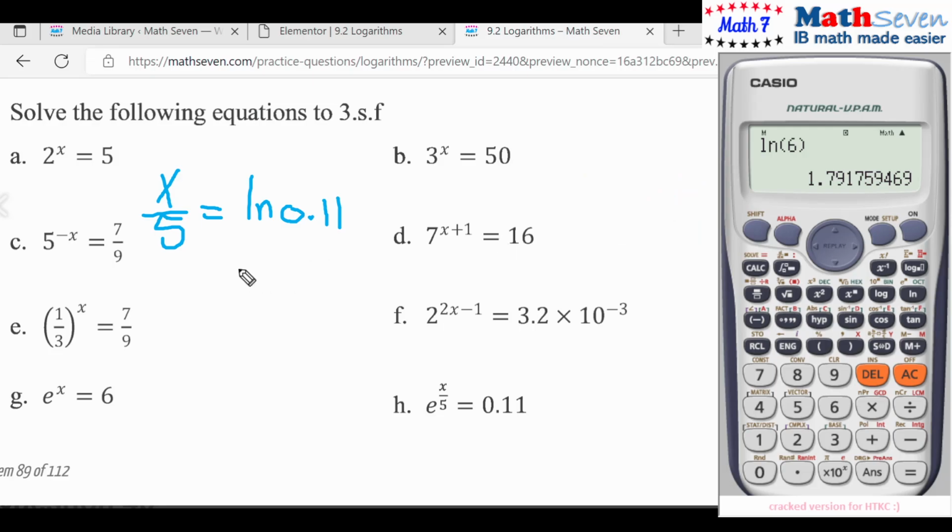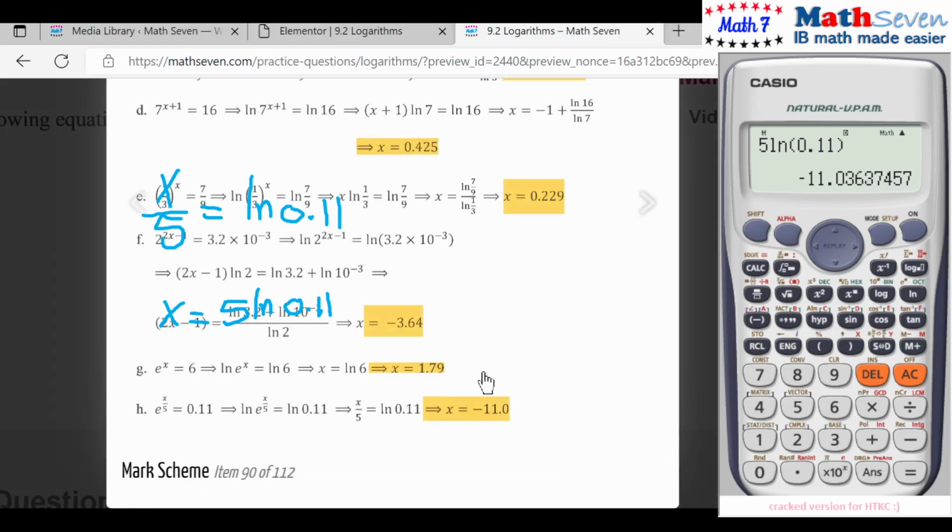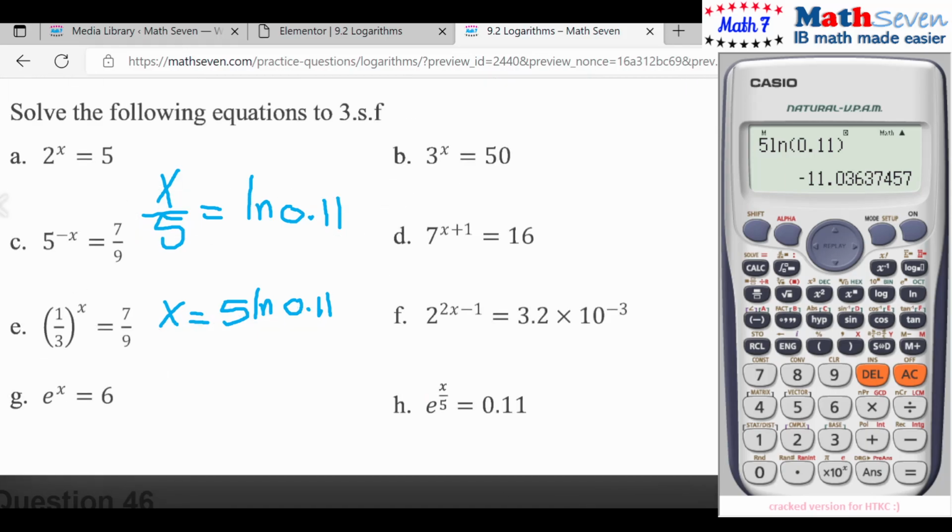So times 5, x equals 5 ln 0.11. Grab your calculator and insert that. AC it, write 5 ln 0.11, close bracket, and the answer comes out minus 11.0. Check your mark scheme. Minus 11.0, 3 significant figures. Done, the question.